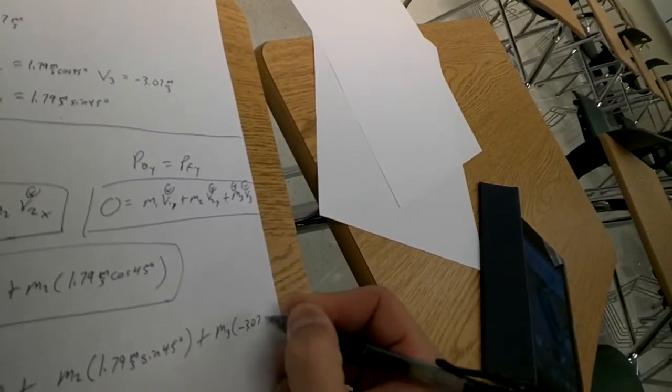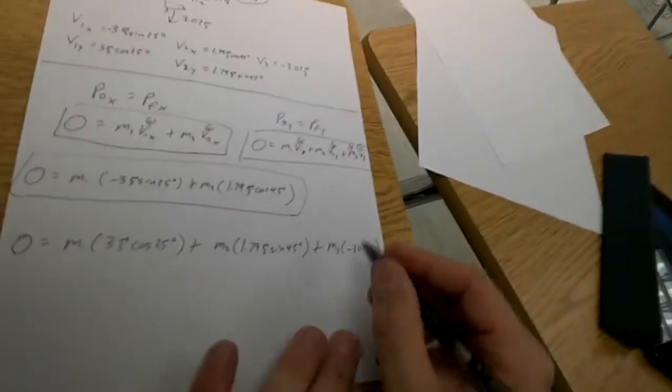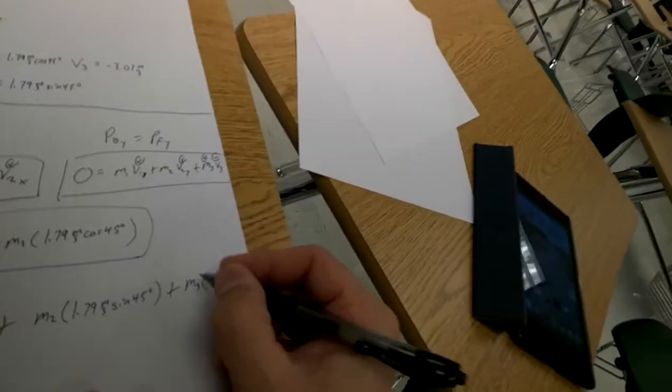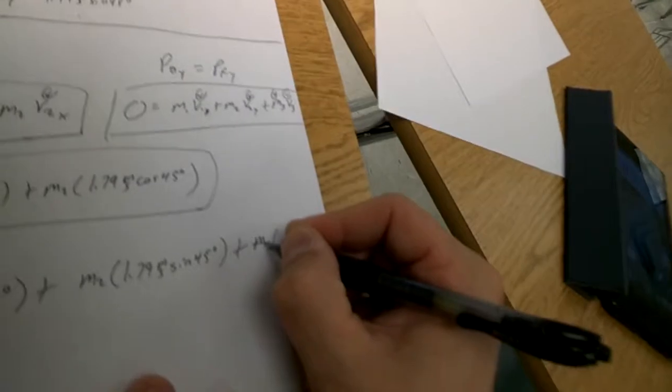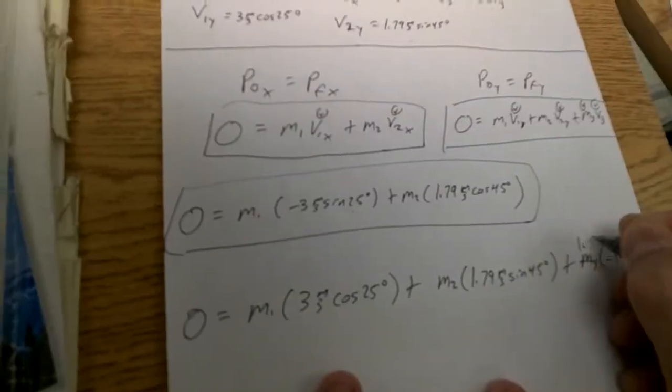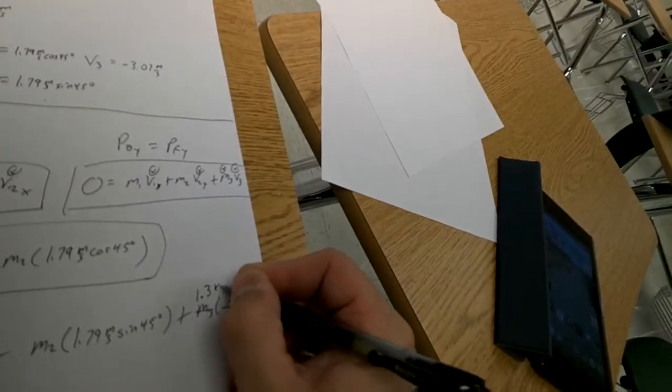I did it with the velocity, negative 3.07 meters per second. Oh, and I know m3. Apologize, I need to put that in there. So 1.3. This is correctly labeled, but it has a value of 1.3 kilograms. So there's my second equation.